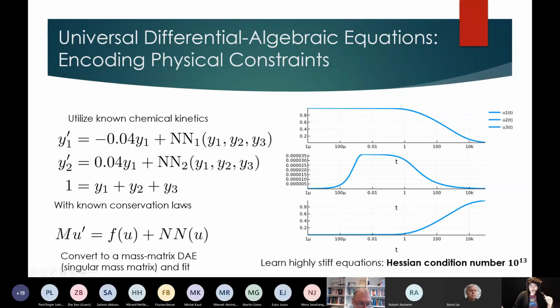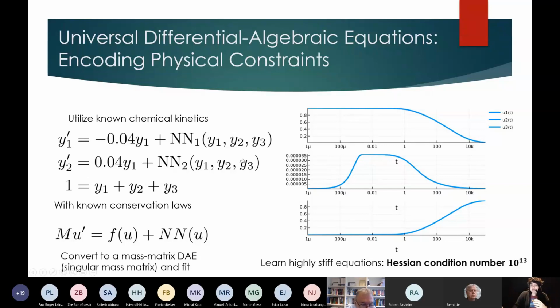So I have the concentration of the protein in 3 different forms, and so I always have to have 100% of the protein. So let's make sure that I have y1 plus y2 plus y3 equals 1 at all times. But now I have a dynamical system of y1 and y2 defined by neural networks. y3 is implicitly given by the conservation law.